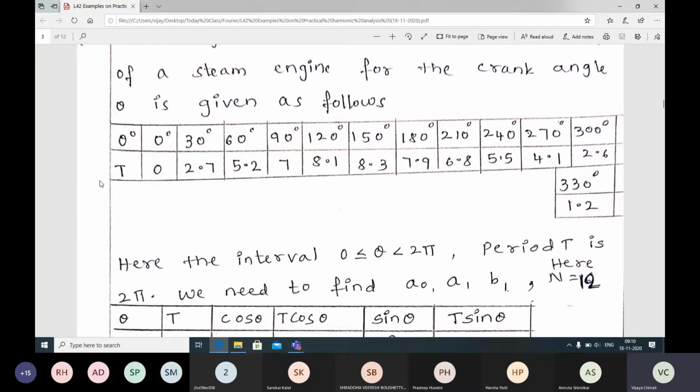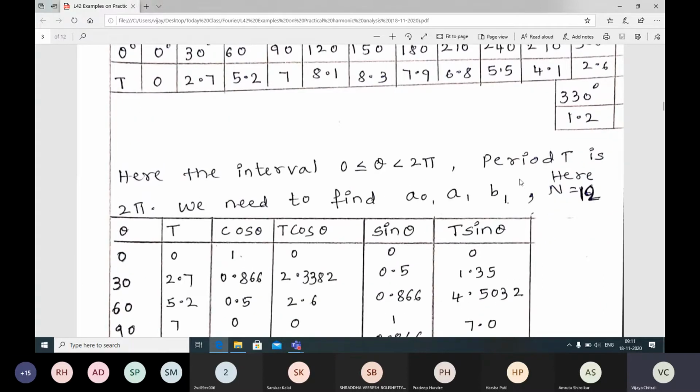And what is n here? n is 1, 2, 3, up to 12, so n is 12. According to this requirement, we'll prepare the table.